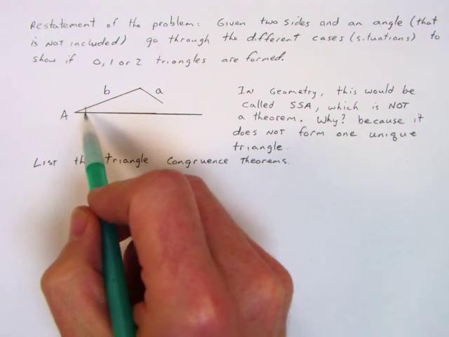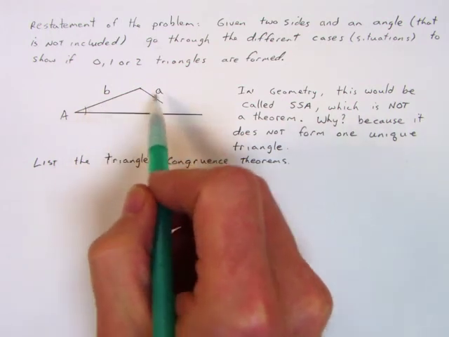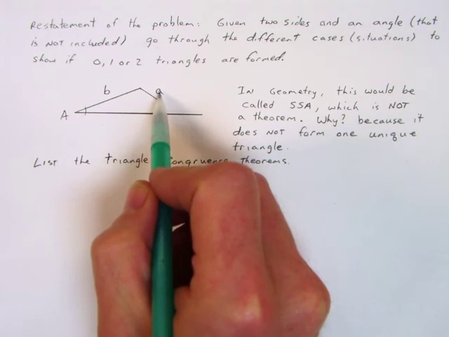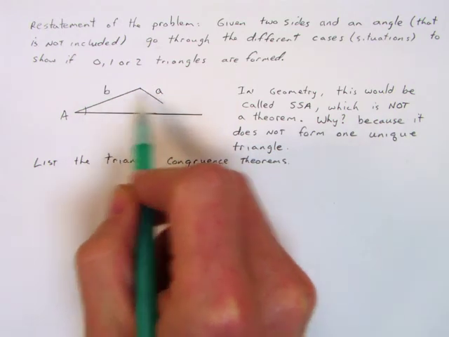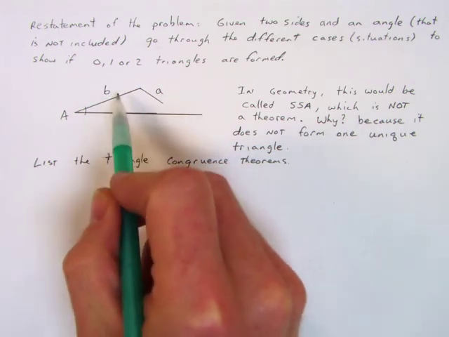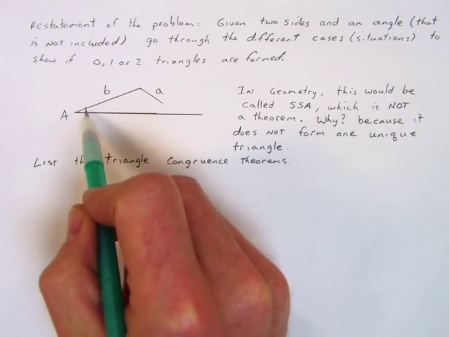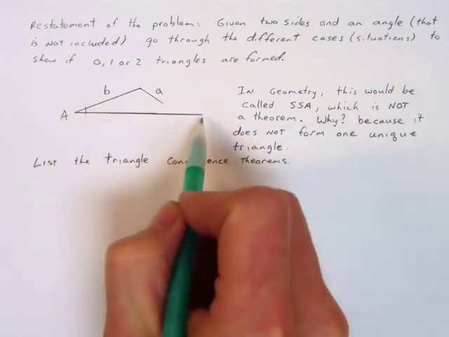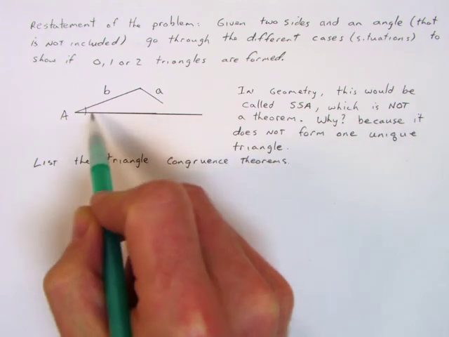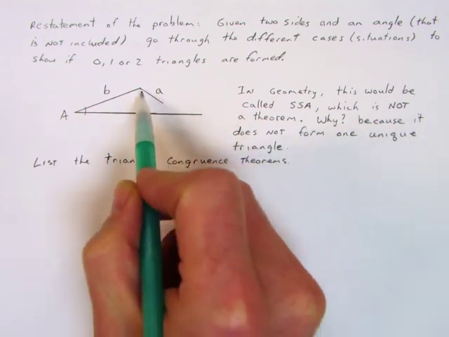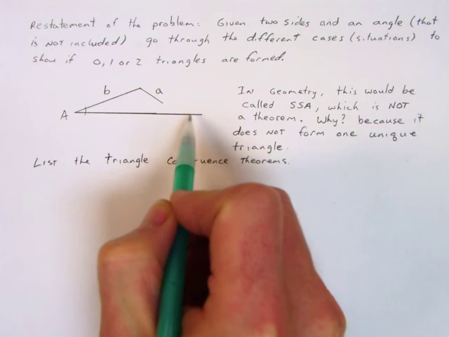We have angle A, an acute angle. We have the opposite side, little a, and we have little b. These two sides are fixed in length and angle A is fixed. This bottom length can be as long as we need it to be. However long it is, it can extend out.